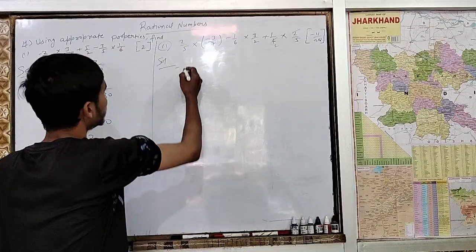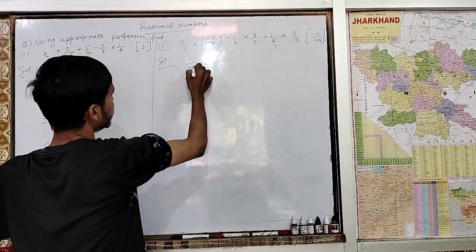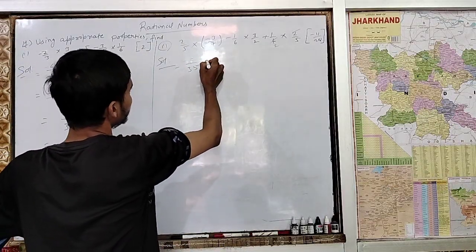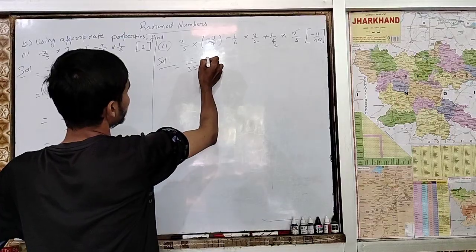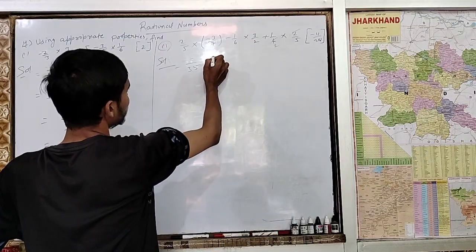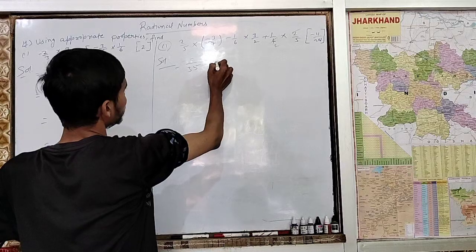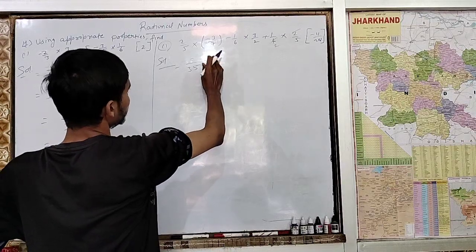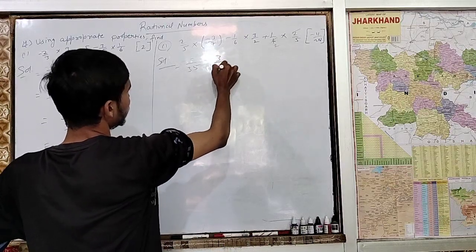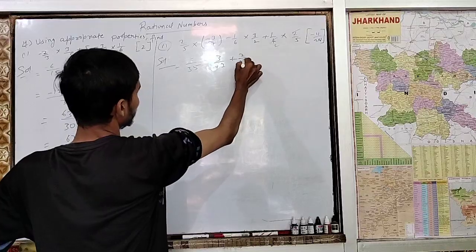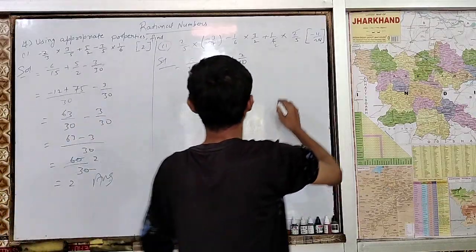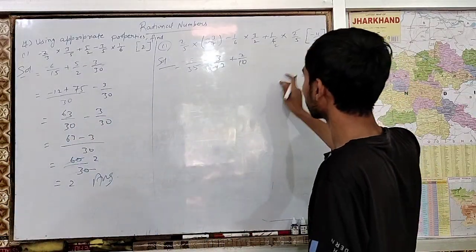Okay. Minus 6, 35. Then minus 6, minus of 3 1 12, then 2 10. In that case, let's say 35.